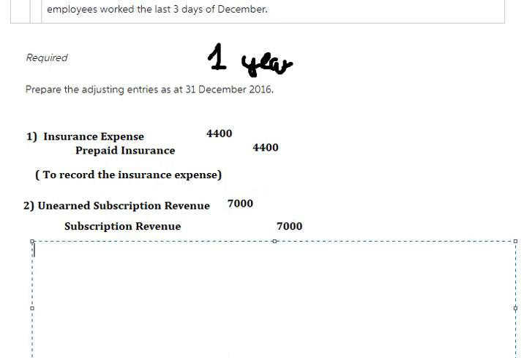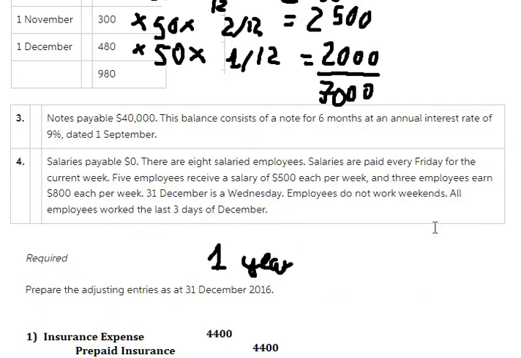So to record the subscription revenue, now let's go to question number 3. We have notes payable 40,000. This balance consists of a note of 6 months with an annual interest rate of 9%, dated 1 September.